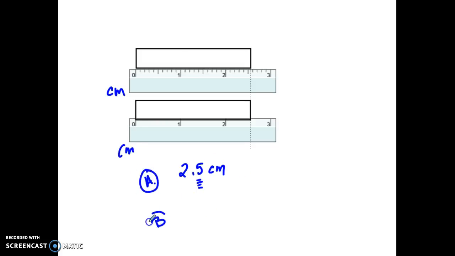Student B comes along and says, no, I think it's 2.6. Is this a valid measurement? And the answer is yes, it is valid. There can be a little bit of estimation in that very last guessing digit. So both of these are valid answers. Now, if you would say something like 2.0, I'm going to mark you wrong.